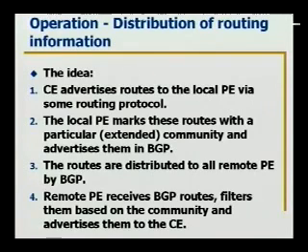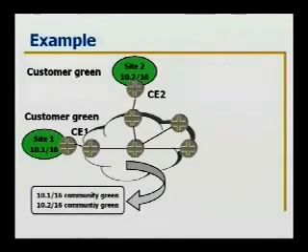This extended community is actually what is called the route target in VPNs. So now BGP is going to advertise these routes with the route target to all the remote PEs. And the remote PEs which receive these routes filter them based on the community and advertise them back to the CEs. So let's see an example of what's going on.